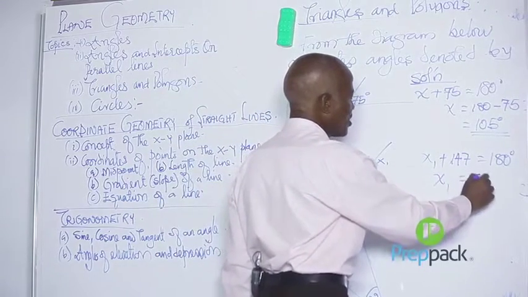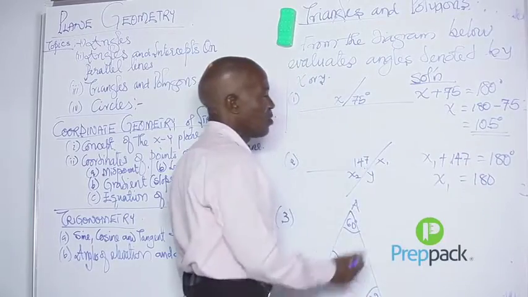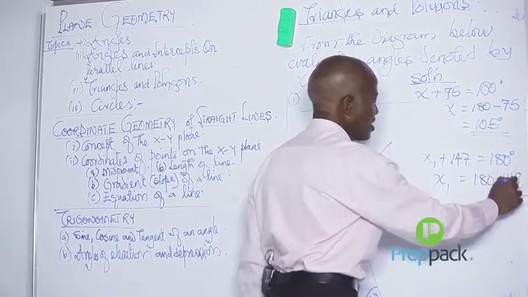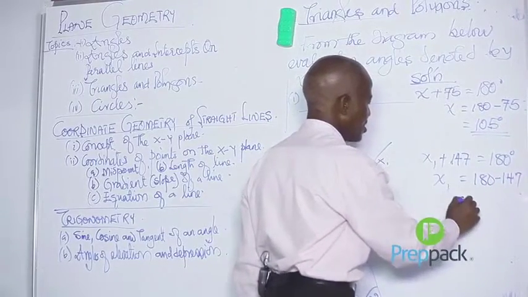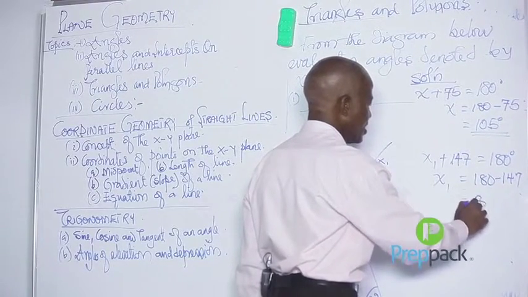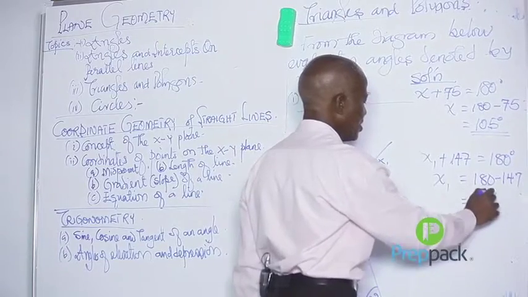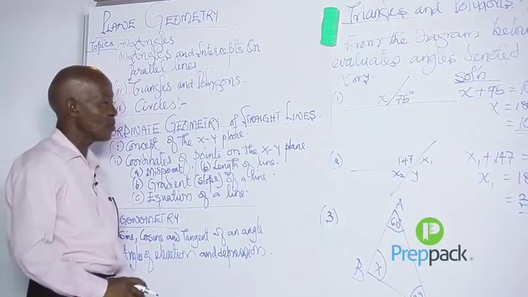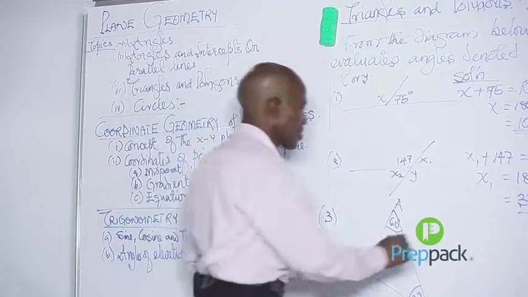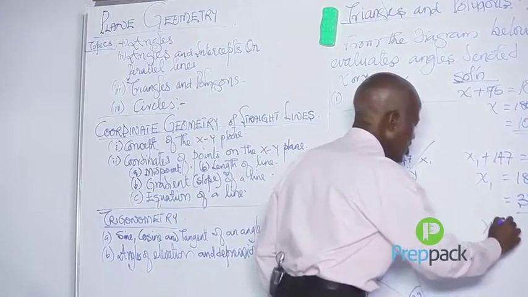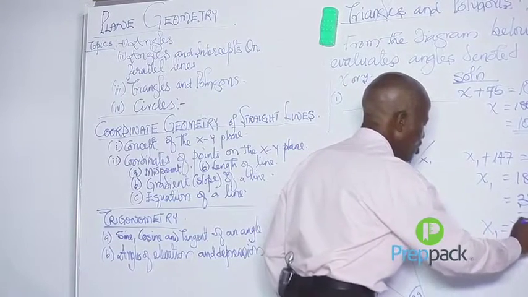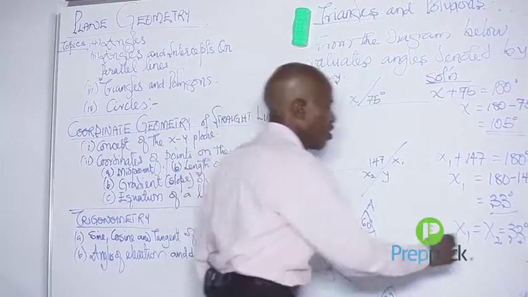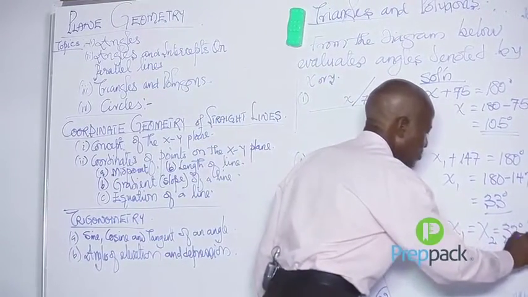And doing the same thing on the right-hand side, 180 minus 147, what does that give us? Okay, this gives us 33 degrees. If it is so, then it means that x1 is equal to x2, which is equal to 33 degrees.